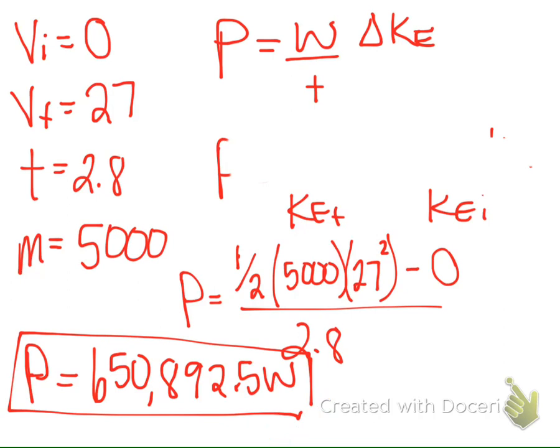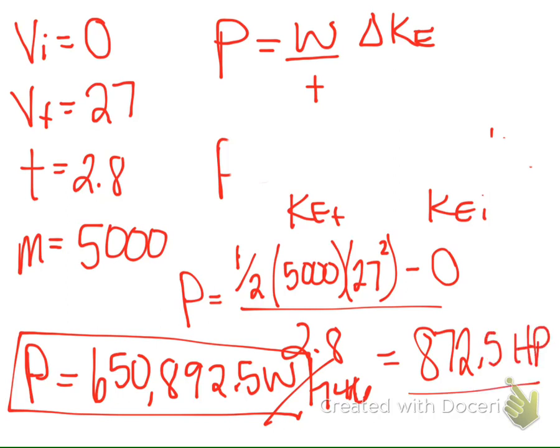So we'll take that divide by 746, and we'll get that value in horsepower. All right, what do we get for our horsepower value? 872.5. Do we agree? Yep. And our units for horsepower are just HP.